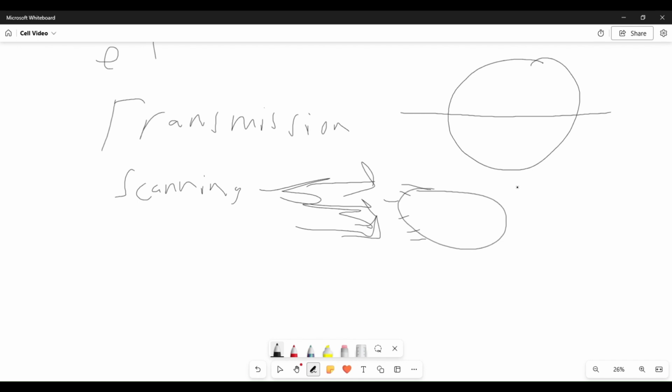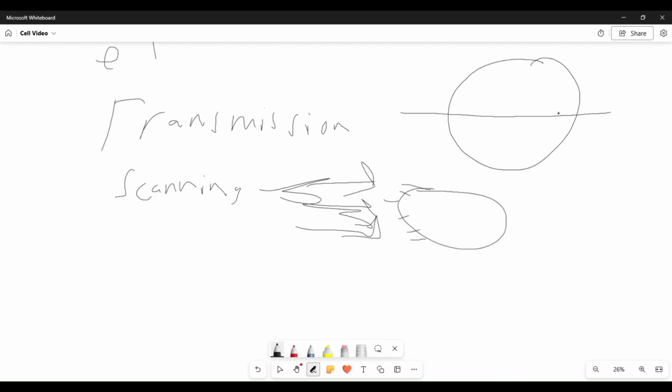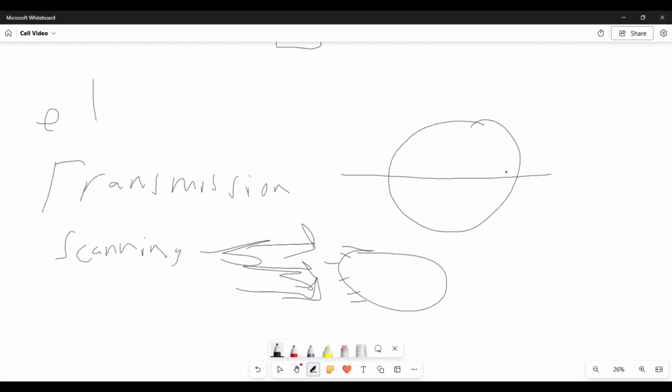This cryogenic electron microscopy allows for the determination of molecular structures at near atomic resolution without requiring the crystallization of the specimen. If the frozen specimen is cracked along a plane via freeze fracturing, then internal cellular structures can be studied. So basically, they would essentially just crack the cell in half, and they would get a cross-section of it that they could study.